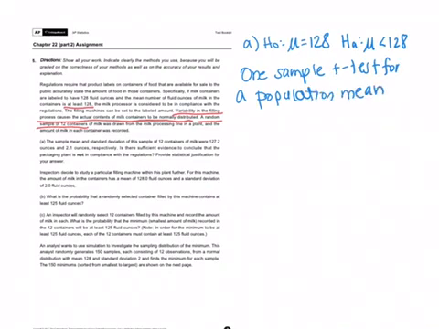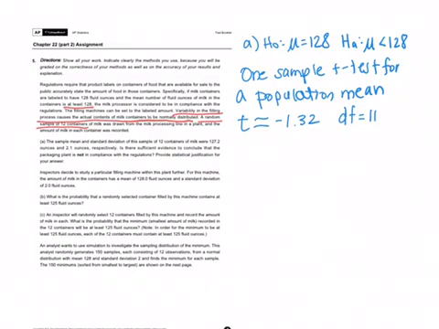Now, most of you did state your t statistic, which was given on your calculator. That t value is approximately negative 1.32. And most of you also correctly stated your degrees of freedom, which in this case would be 11. Remember, your degrees of freedom are always one less than your sample size.